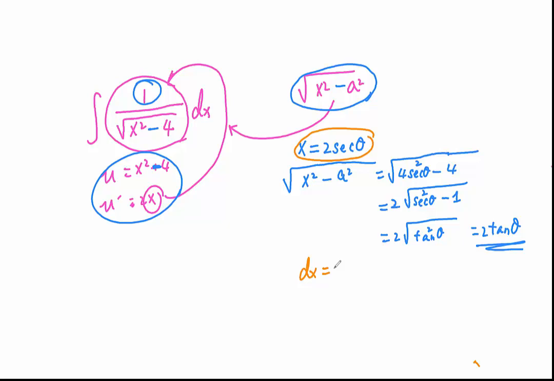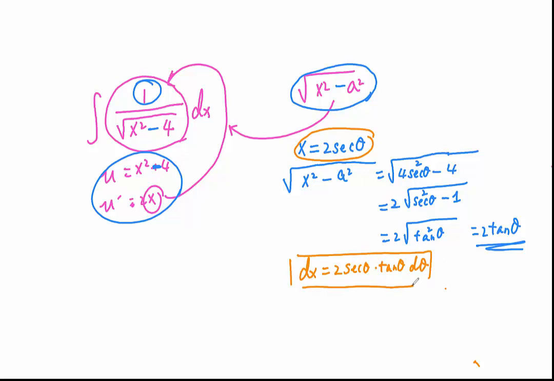What's the derivative of secant? Secant times tangent, right? Okay, so that's going to be 2 secant theta times tangent theta d theta.